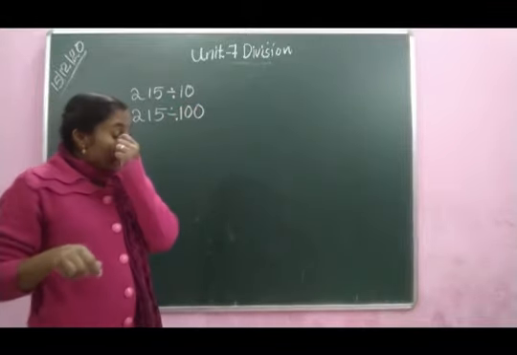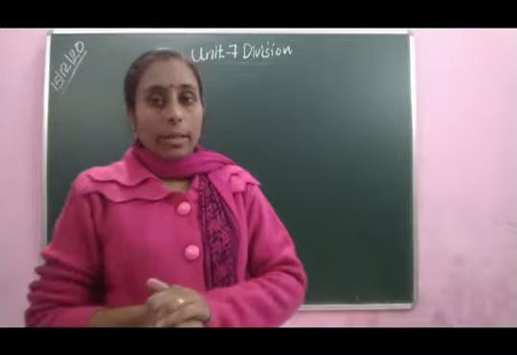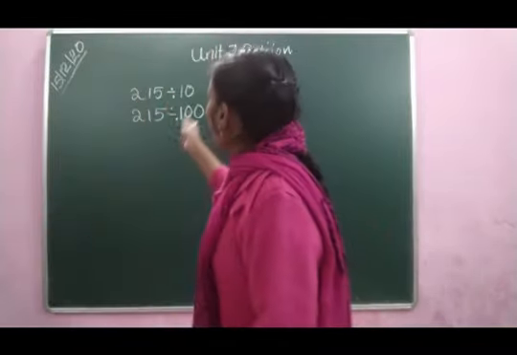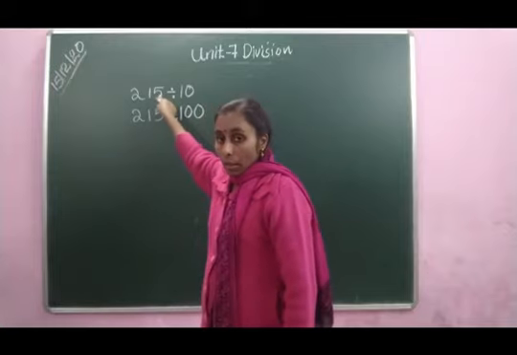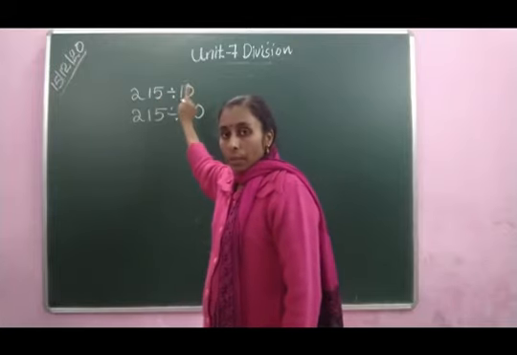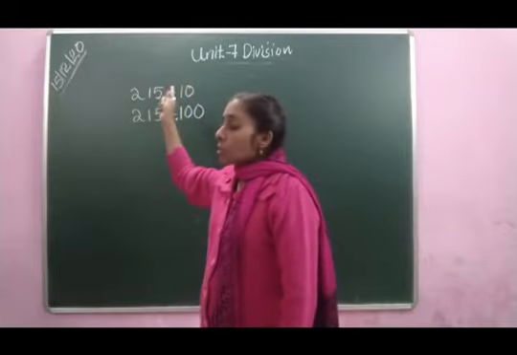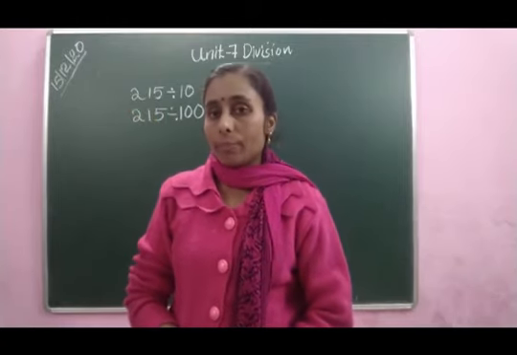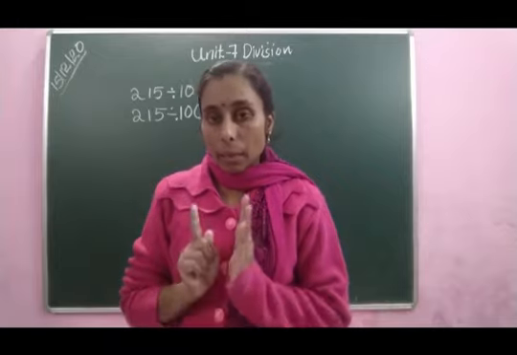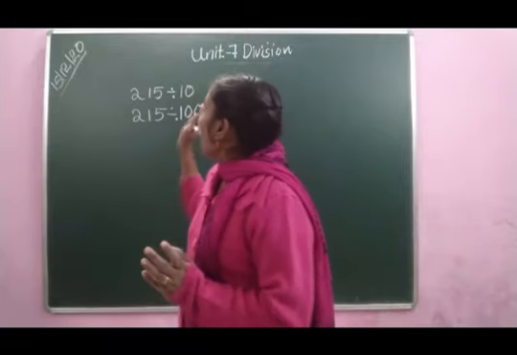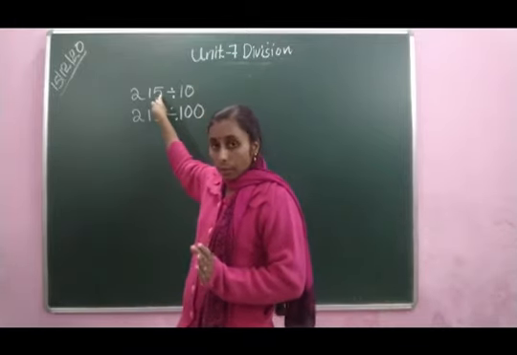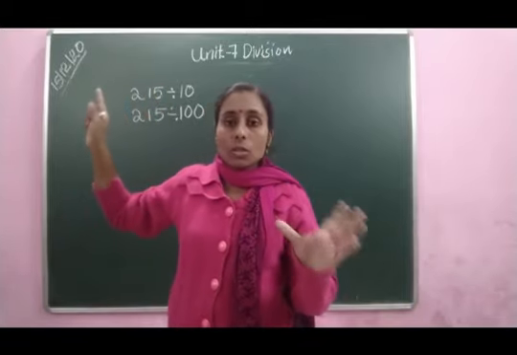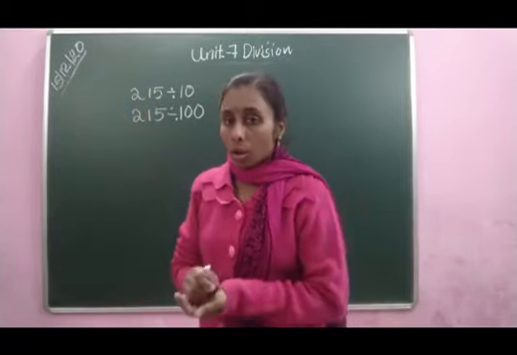When we divide a number by 10, the one's place of the number changes into the remainder and the rest of the number changes into the quotient.